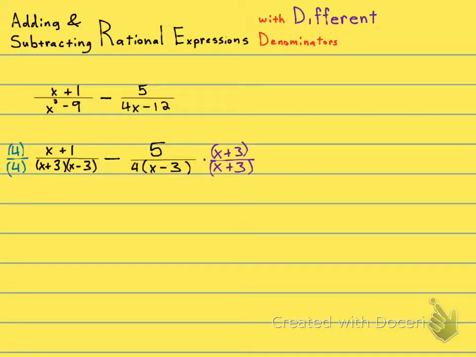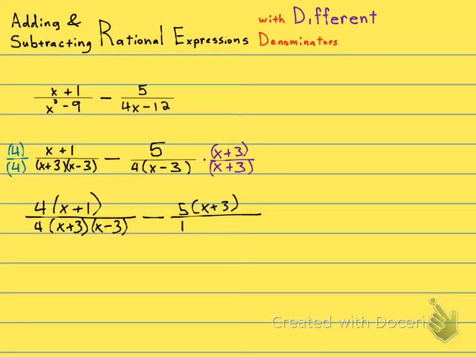So let's do it. Let's put them together. The fraction on the left is going to be 4 times x plus 1 all over 4 times x plus 3 times x minus 3, minus, and the fraction on the right now is going to be 5 times x plus 3 all over 4, and I'm going to put this denominator in the same order as this denominator.